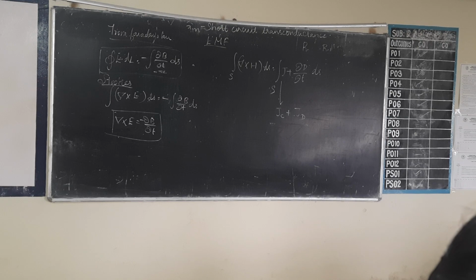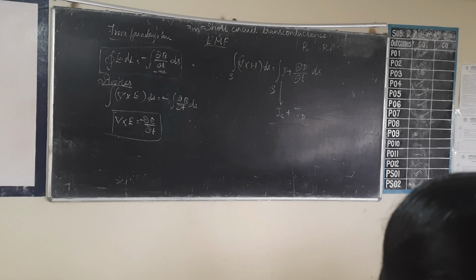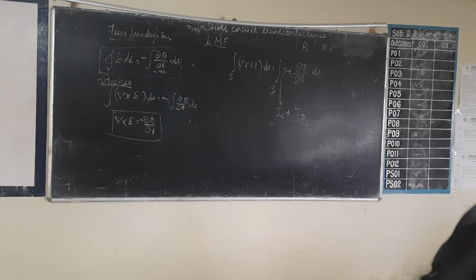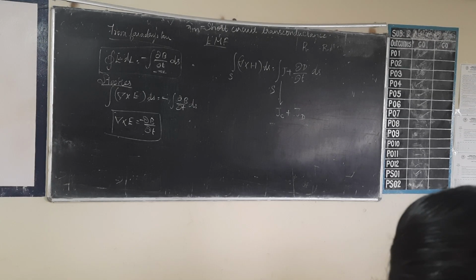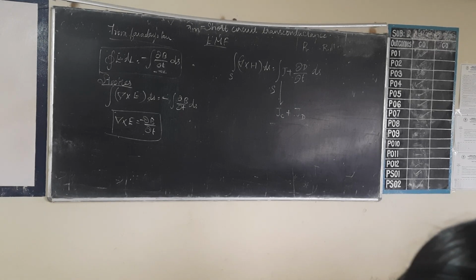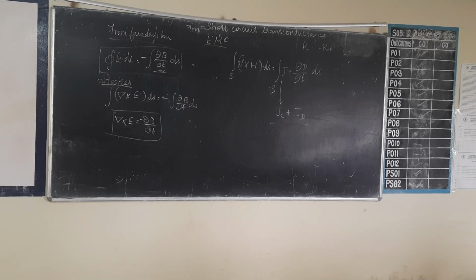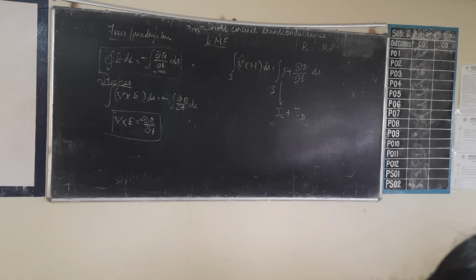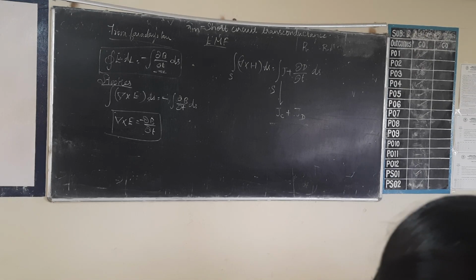Next. Maxwell's equation from Gauss law. Again the same relation: the integral of D dot ds is equal to the integral of rho v dv. The same expression I have written last, no?